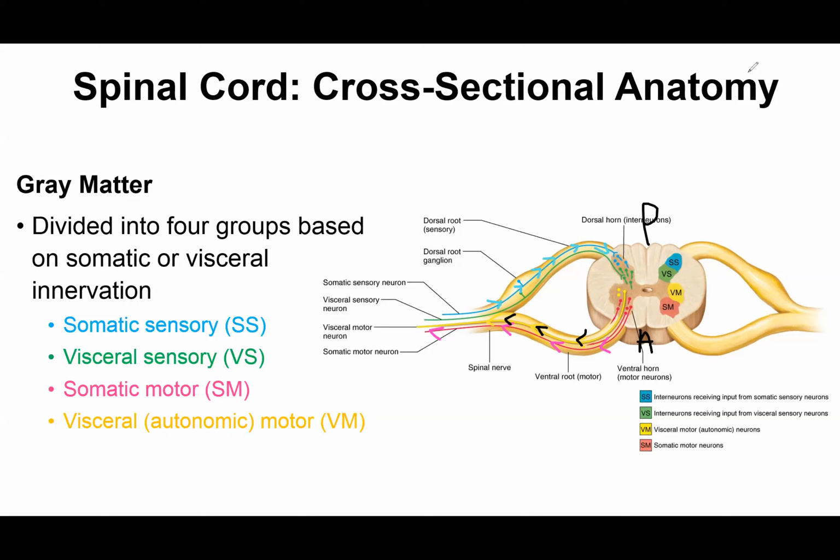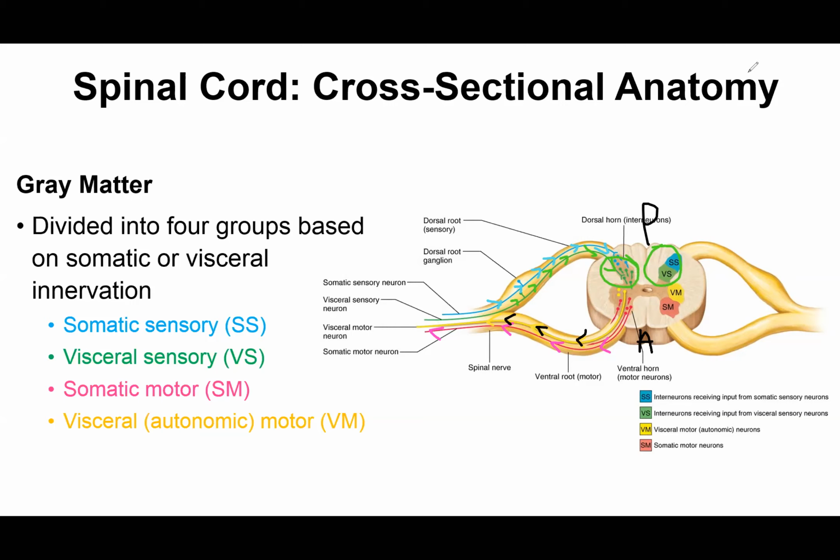So information is coming in to the spinal cord on the dorsal or posterior side, synapsing in their appropriate interneurons on the dorsal horns.